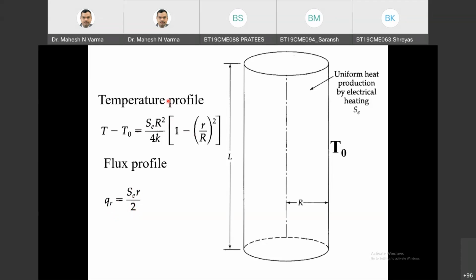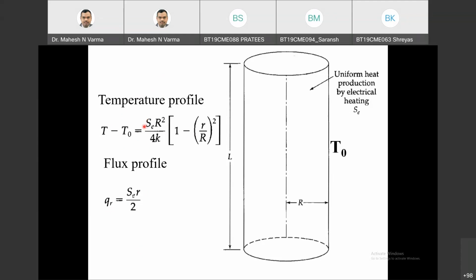Among these two profiles, the temperature profile is very important. It is the ultimate model equation which you will get. It defines the variation of temperature with r.